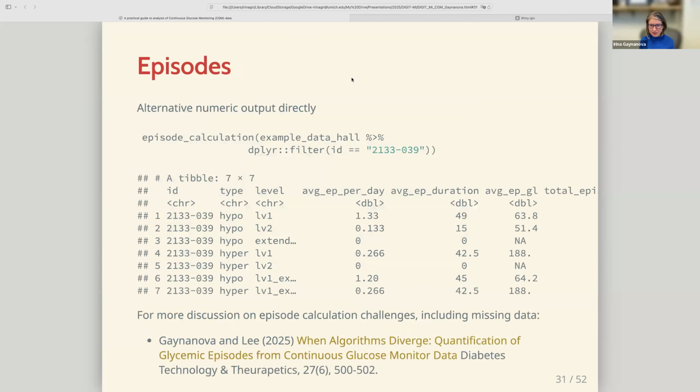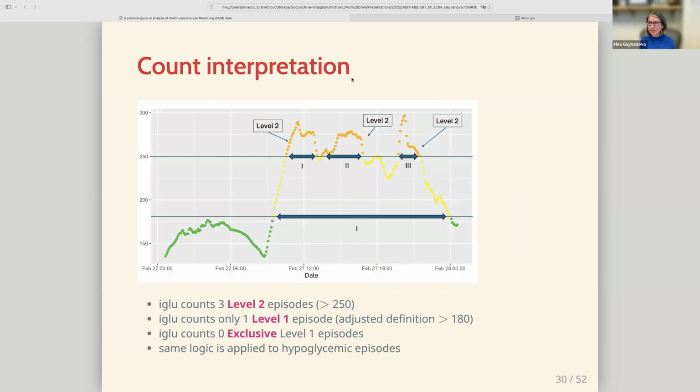We have a paper that I'm going to reference on the next slide, but just to illustrate the difficulty, this is an example profile where the 2 horizontal lines correspond to the episodes for 180 and 250. And basically, according to the definition, once you go up, in this case, this person stays up for a really long time.